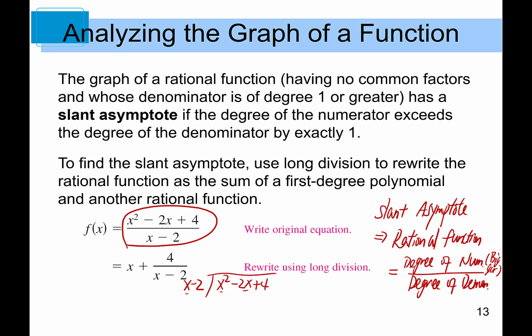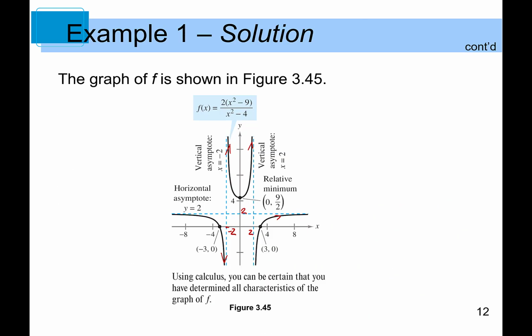So we're going to do x squared divided by x, which gives us x. That means you put x here. Then you subtract: x times x is x squared, x times negative 2 is negative 2x. As you can see, these two are exactly the same, so you cancel them to end up with 0. And carry down the 4. So eventually you just end up with 4 here, a remainder of 4.